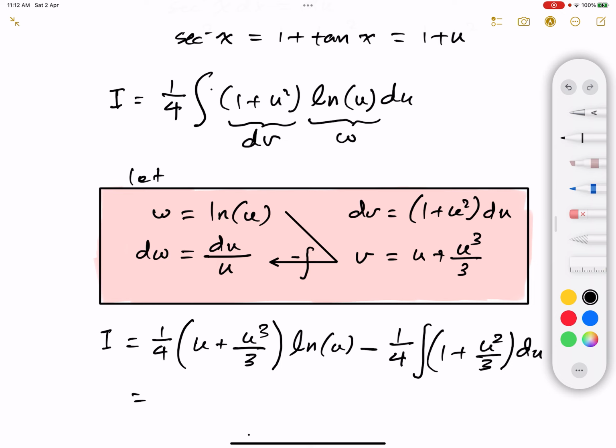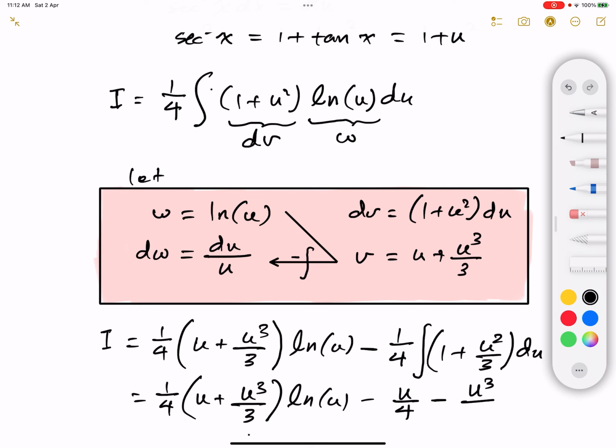So the first part does not change at all, so we have 1/4 here, u plus u cubed divided by 3, the natural logarithm of u, and that's going to give us u divided by 4 minus u cubed divided by 3 times 4, which is 9 times 4, which is 36, of course, plus c.